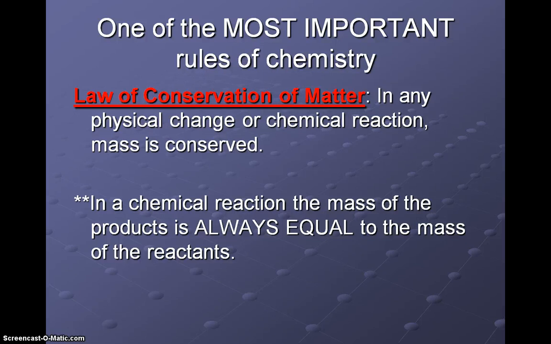So when we undergo a chemical reaction, all of the mass of the things that we put into the chemical reaction will always equal the mass of the products, what we are making, okay? So by undergoing a chemical reaction, we're not really destroying or creating, we're just changing the form of something. And we'll do a lab, and this will come back throughout this semester as we perform chemical reactions.